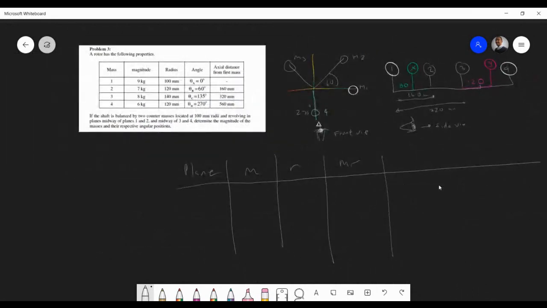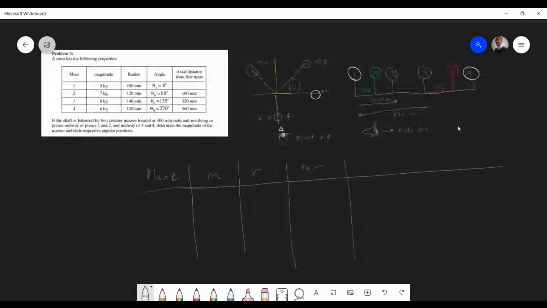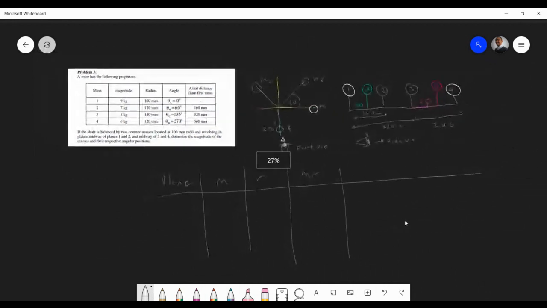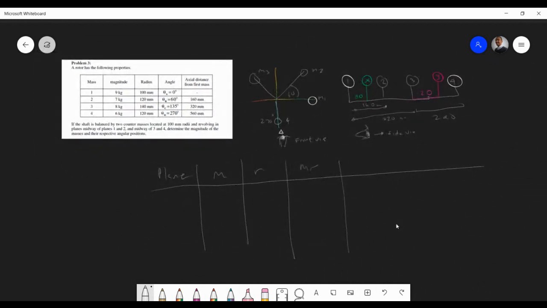And if you look at planes 3 and 4, from 1 to 4 it's 560, and from 1 to 3 it's 320. You subtract that and you get 240, which is between here and here. And midway is 120. Okay, thank you.